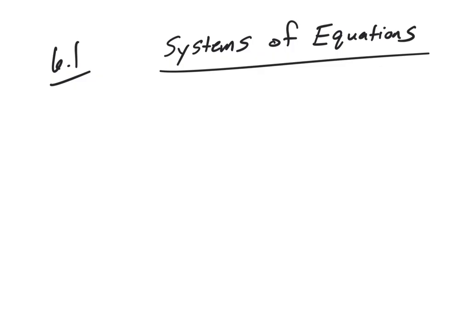The first method that we're going to talk about is graphing. A system of equations is essentially two equations, or it could be more, but today we're just going to see two. And we want to find the solution to the system. We're also going to talk about what type of systems there are as well.